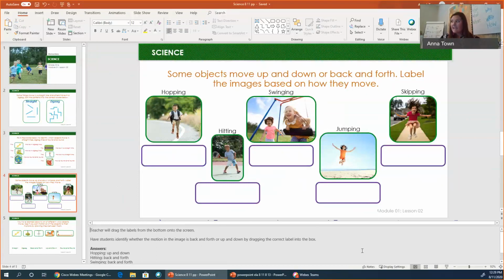Jumping is up and down. Good job. Now let's look at skipping. Skipping is our last one. Is skipping up and down or back and forth? Up and down. Good job.